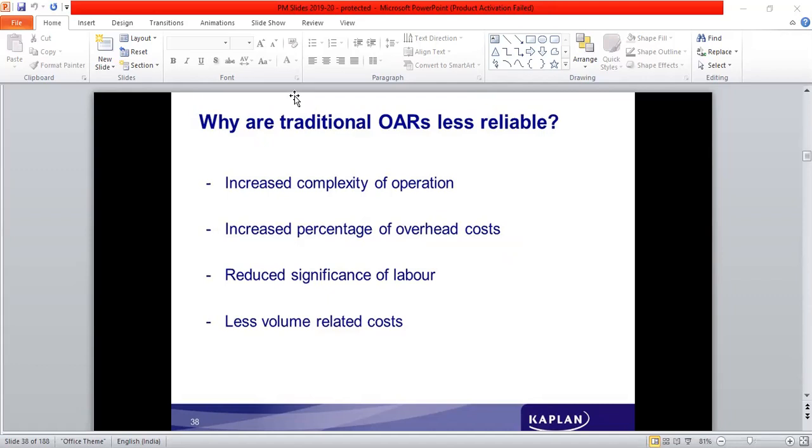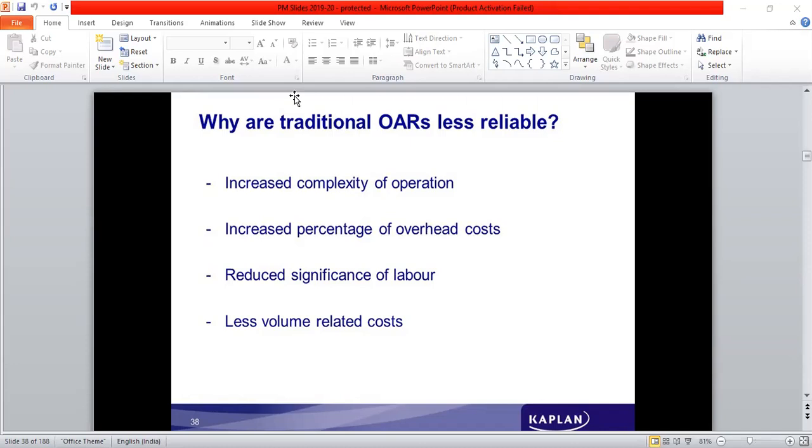That's one thing. There is increased complexity of operations which are carried out. It is not simple that we can easily identify and divide and distribute. The activities are much complicated because of technology, automation, all those things. We do not see that they can be very simply and easily distributed. Okay, that is one reason.